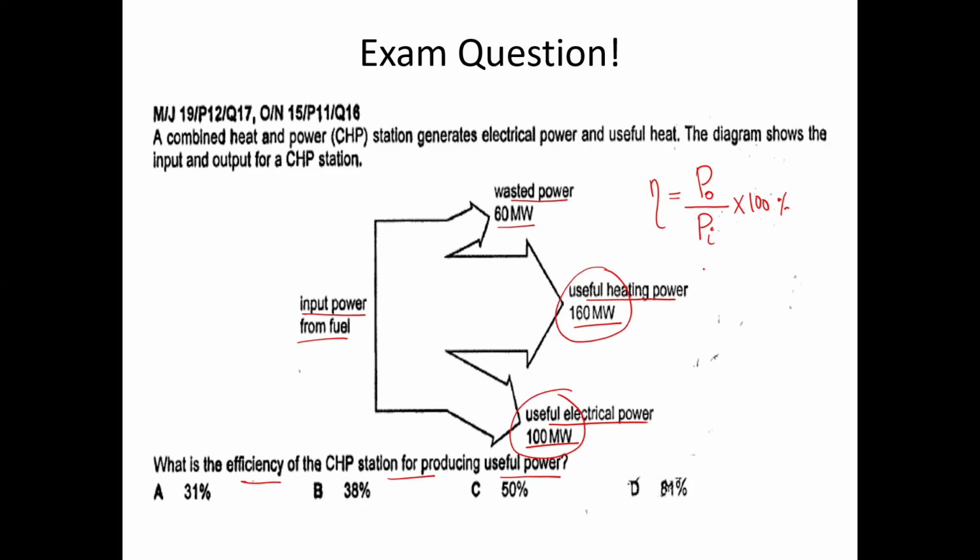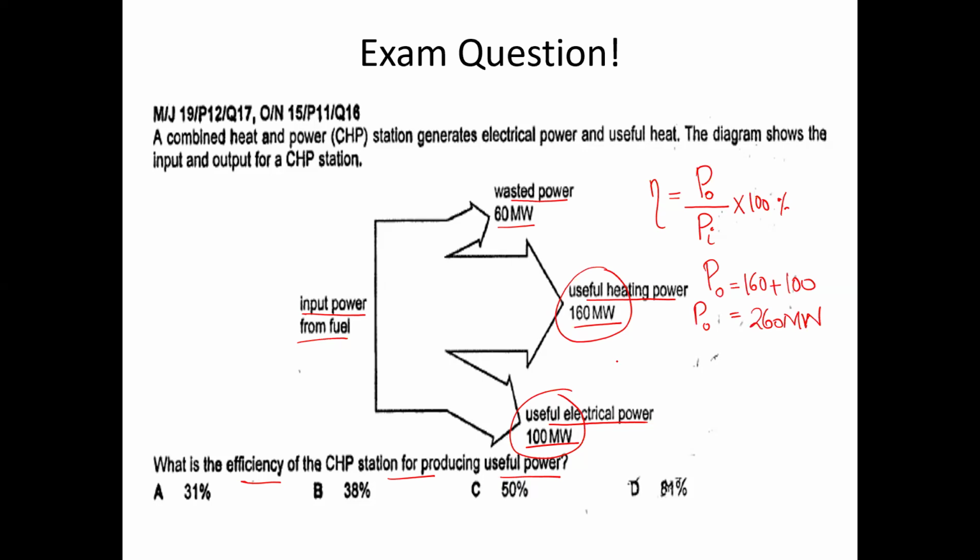So what is going to be the useful output power? The useful output power will be 160 plus 100. This will be equal to 260 megawatts. What will be the output power? The output power will be 260 megawatts. And what will be the input power?